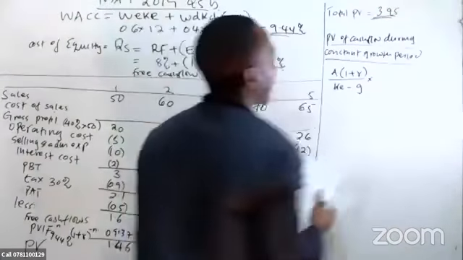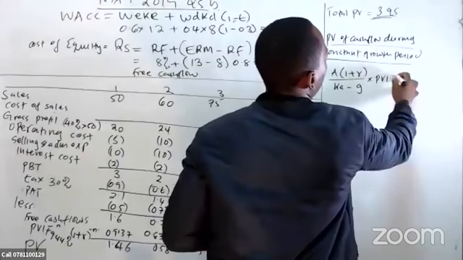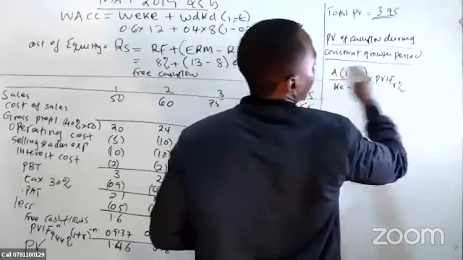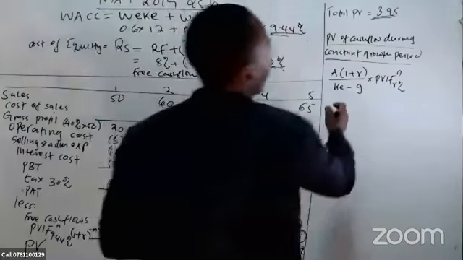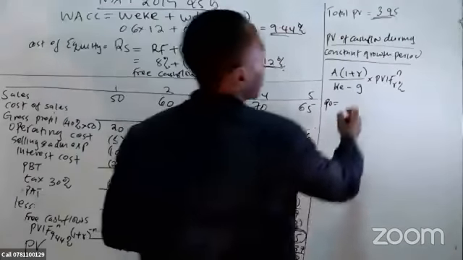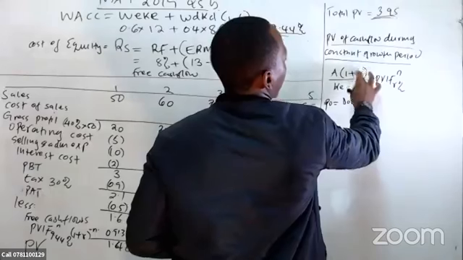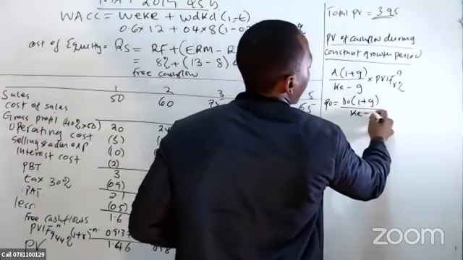And then since you are getting the present value, you have to take the present value interest factor, the discounting rate, and the period. This formula is the same as the one used to get the P0, the value of the share, where you take D0, 1 plus the growth rate, over KE minus growth rate.